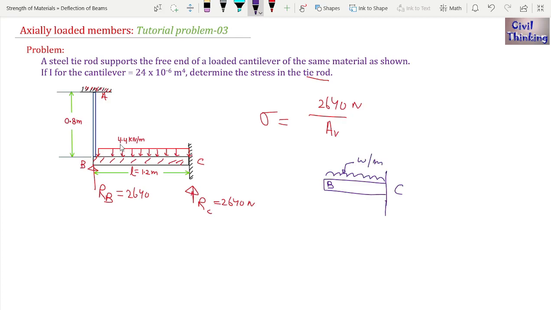Now due to this load, as you might know, there will be a deflection in this, like this.